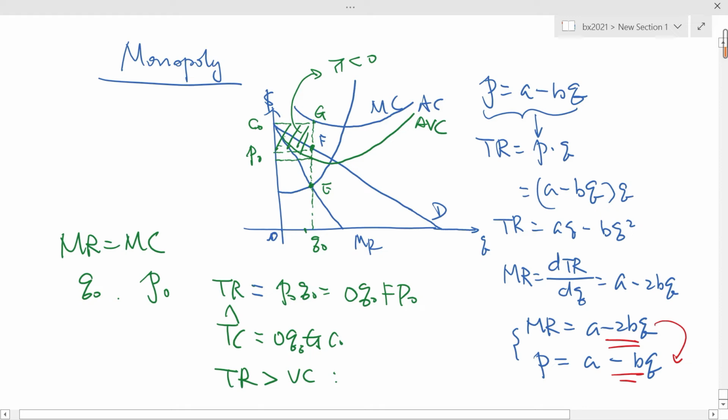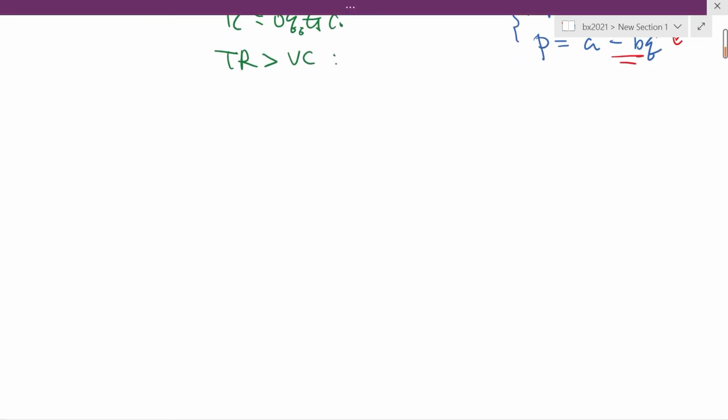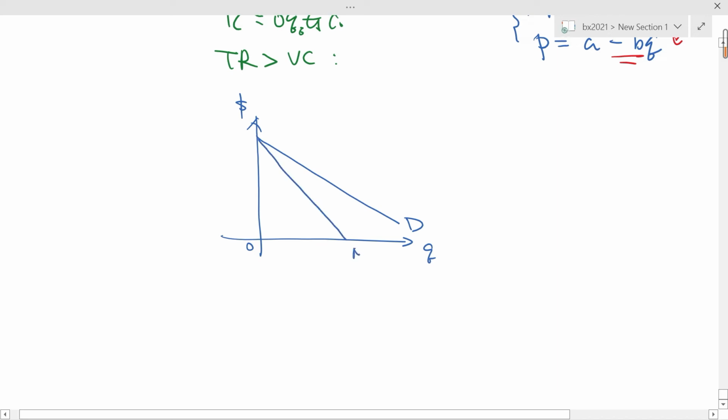Okay, so let me redraw the curves. Demand curve, marginal revenue curve, marginal cost curve, average cost.